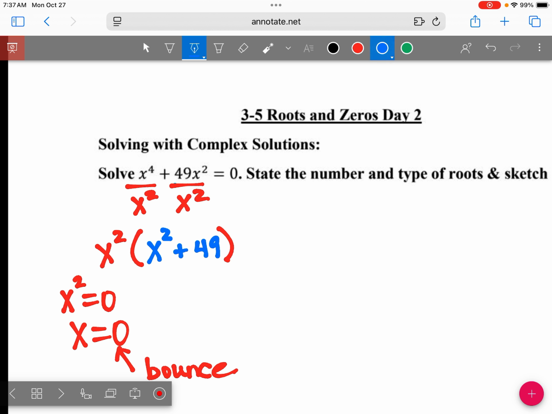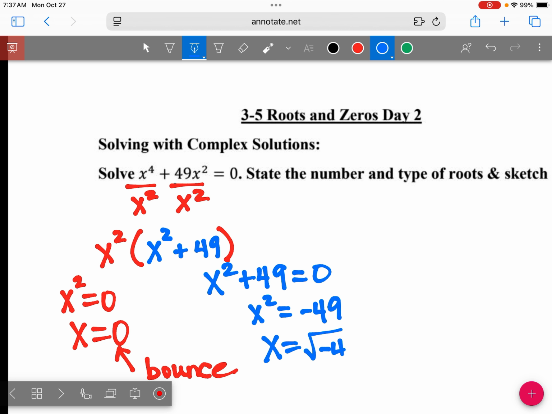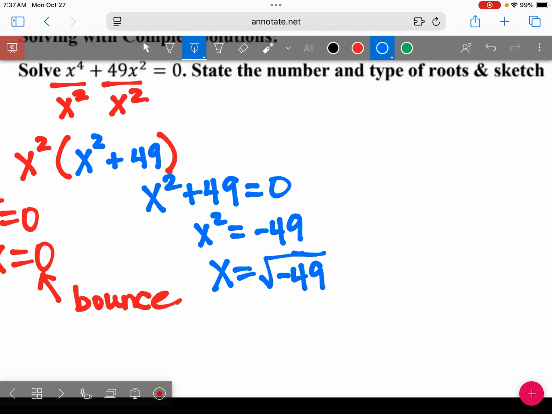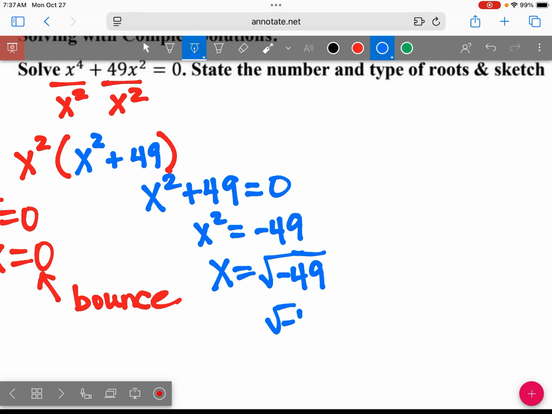Now let's look at the x squared plus 49. I have to subtract the 49 from both sides. And now I have to take the square root of a negative. So whenever you have a square root of a negative, you take out the -1.